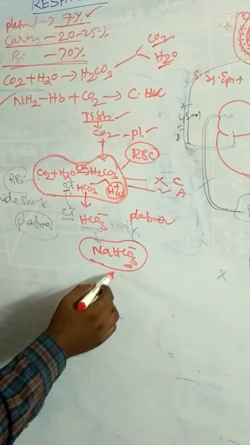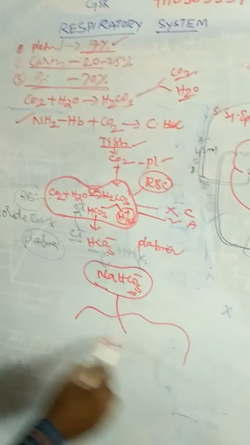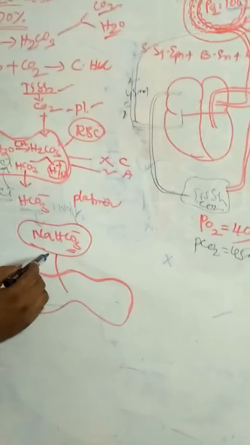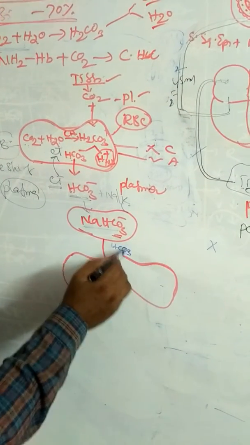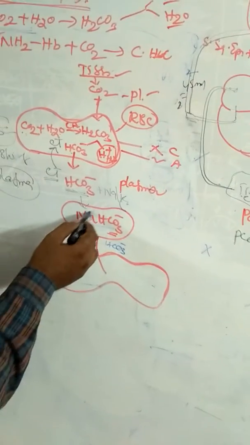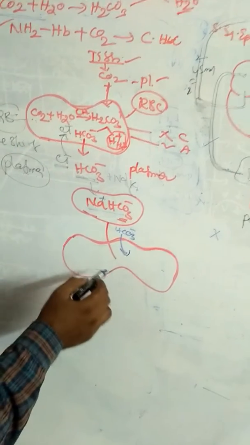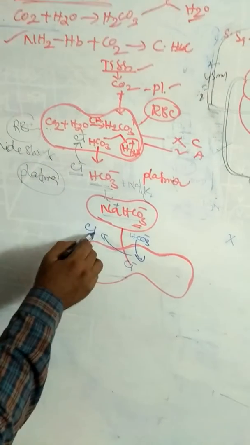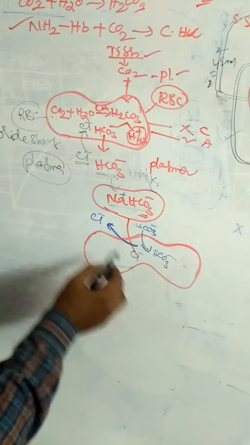This sodium bicarbonate, when it reaches the lungs or near the lungs, dissociates into HCO3 minus and Na plus. HCO3 enters into the RBC. In the RBC, Cl minus ions enter into the plasma.